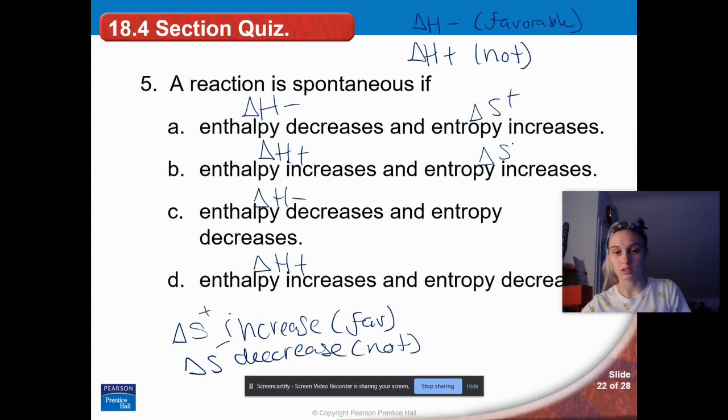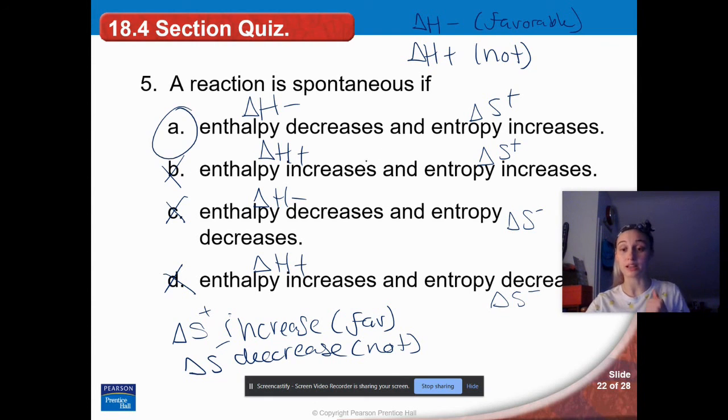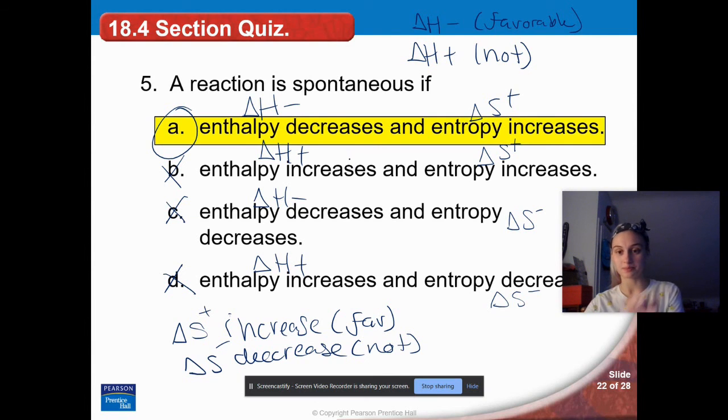This is delta S. Okay, so this bottom one is two unfavorable, so we know this is not going to happen. This is one favorable, one non-favorable, so this might happen, but probably not. Same thing with this one: one favorable and one non-favorable, so it might not happen. But we know for sure that two favorable things happening is going to make it spontaneous, and that's why that's the correct answer.